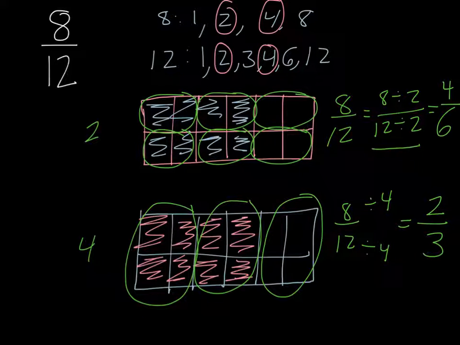And then finally, when we used the largest factor that those numbers had in common, we got the fewest number of big pieces. So we would refer to 2/3 as simplest form. We would not be able to make this fraction any simpler.